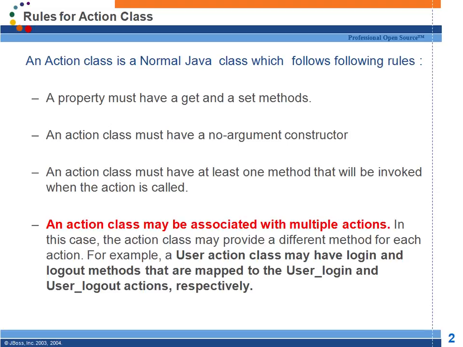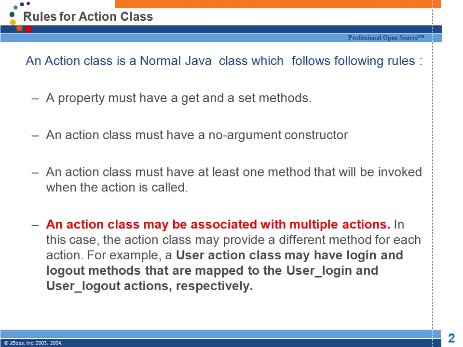In the action tag, what are you specifying? The method to be invoked also you are specifying, right? So for adding, you can give one URL. For deleting, you can give one URL, one action tag. For editing, you can give one action tag. For all 3 action tags, what is the class? Same. Methods? Different. So that means an action class may be associated with multiple actions.